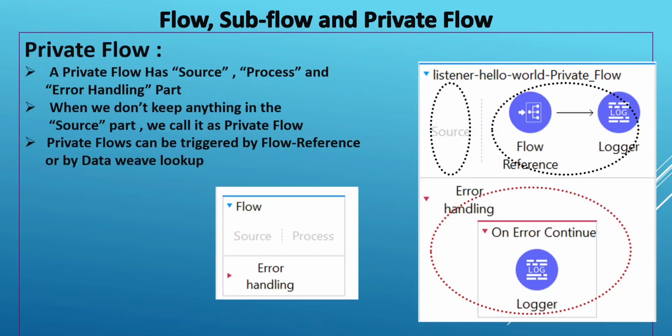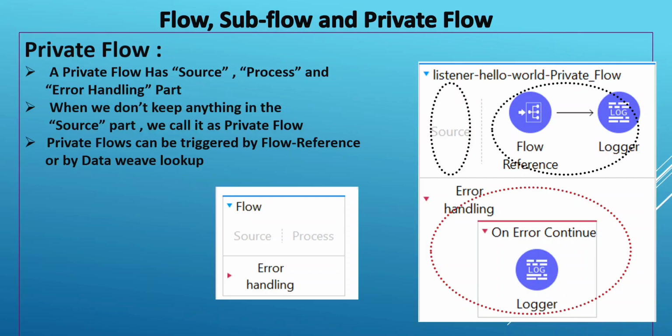Next, private flow. A private flow has source, process, and error handling parts, but nothing will be mentioned in the source part. There is no component in the source section. Then only we will call it a private flow.